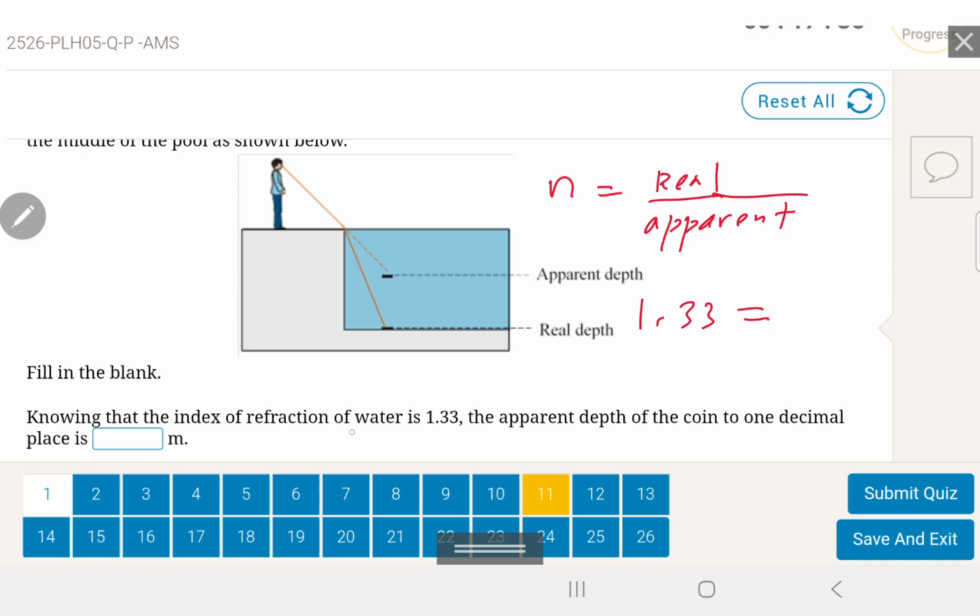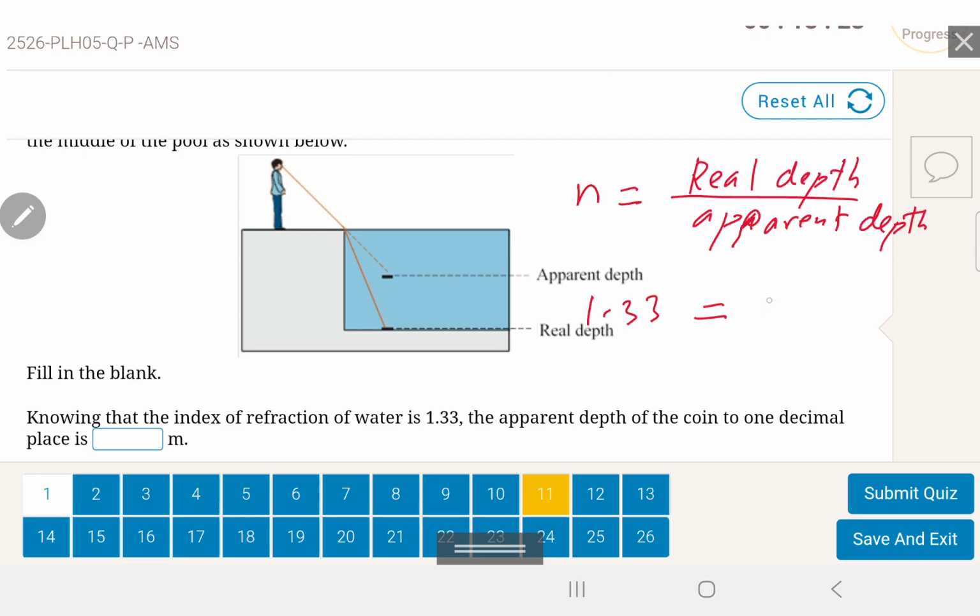The apparent depth is unknown here, and the real depth is known. So the real depth is given to us in the question. The real depth is 2, and apparent depth we don't have it.